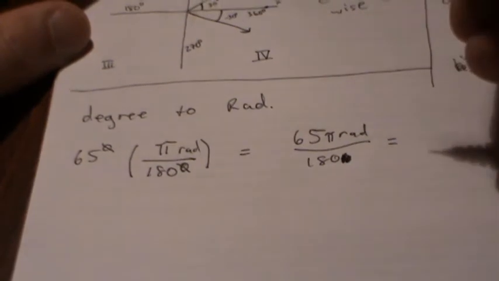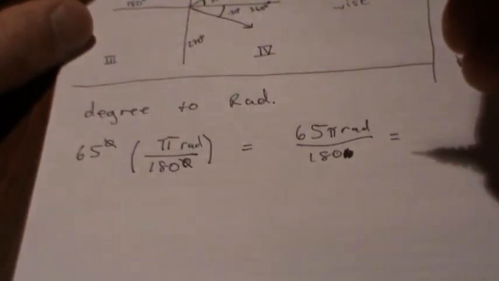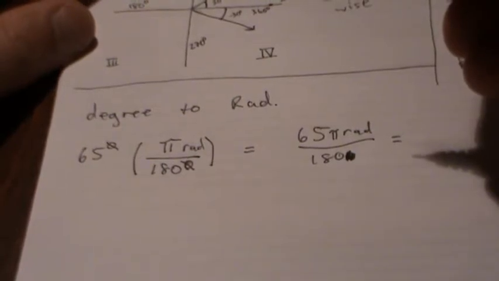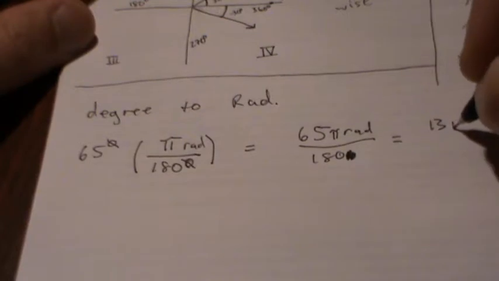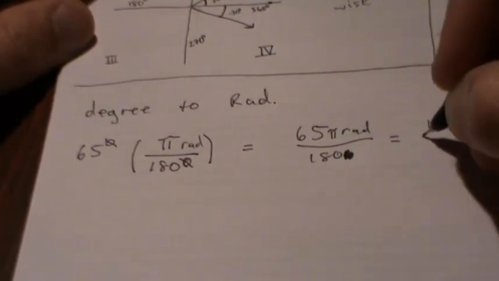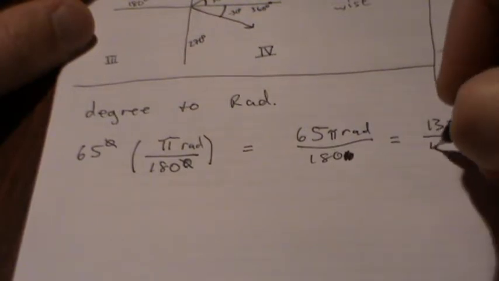5 goes into 65 thirteen times, and 5 goes into 180 thirty-six times.